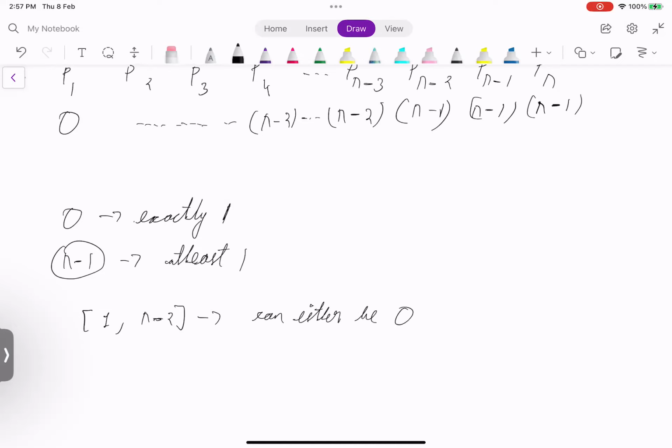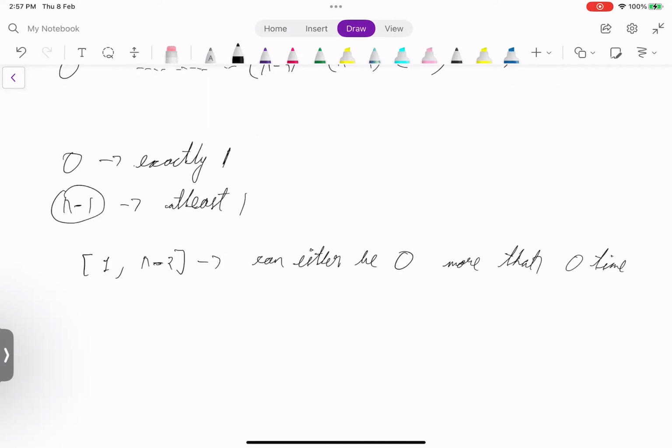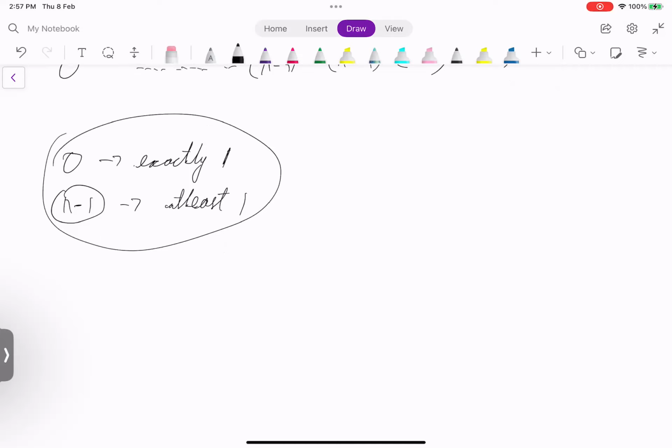Any number in this range can appear 0 times or more than 0 times. So apart from these two numbers, one can appear 1 to n times.